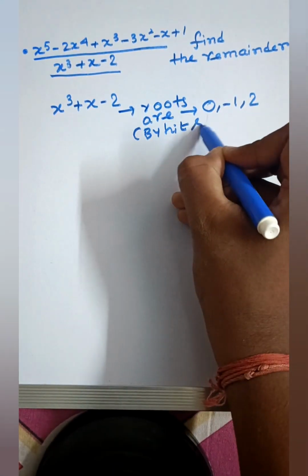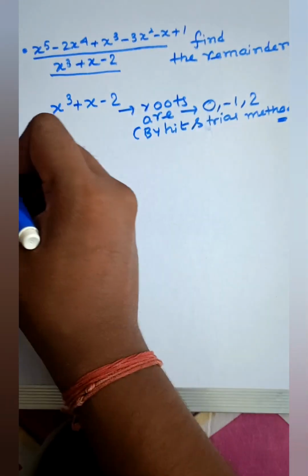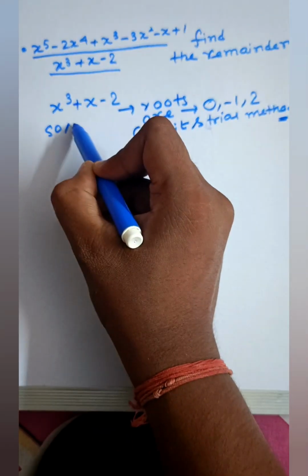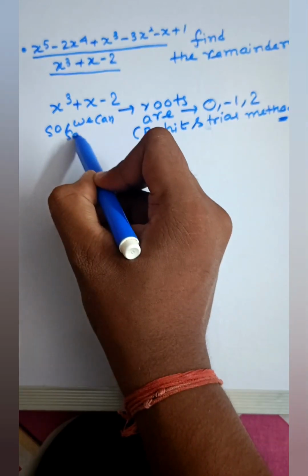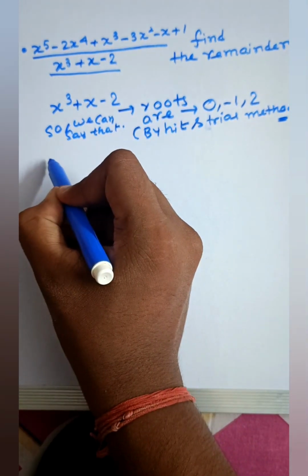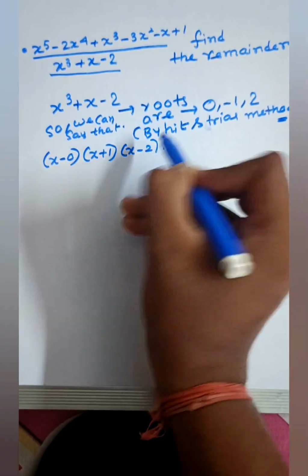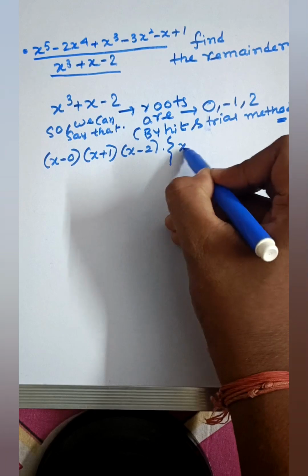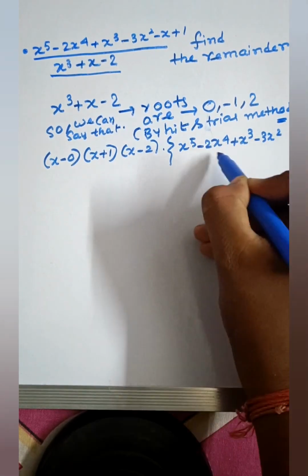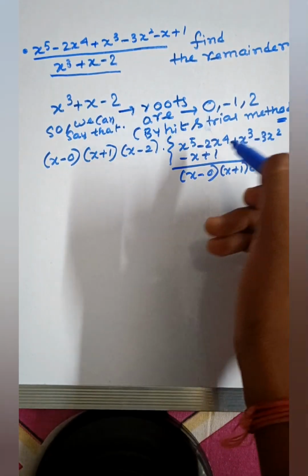So we can say that this equation, x to the power 5 minus 2x to the power 4 plus x to the power 3 minus 3x square minus x plus 1, is divided by x minus 0, x plus 1 and x minus 2.